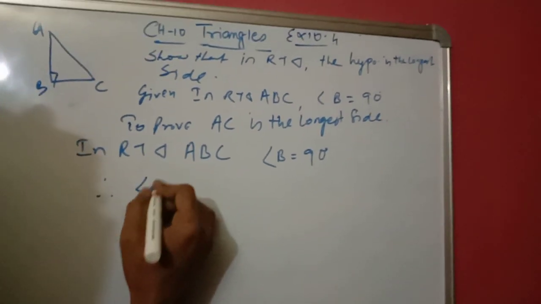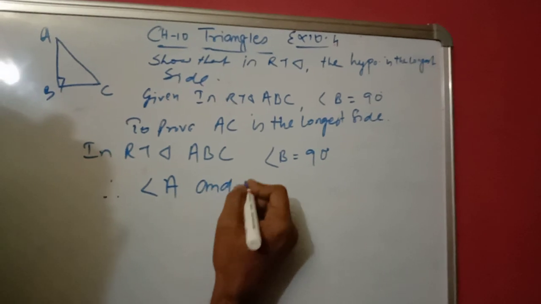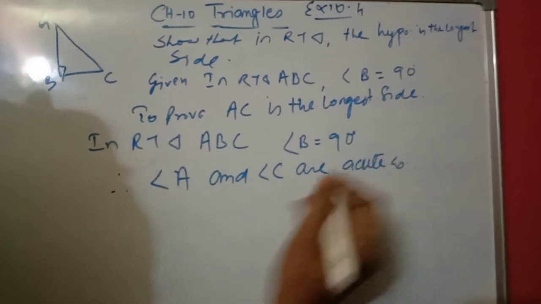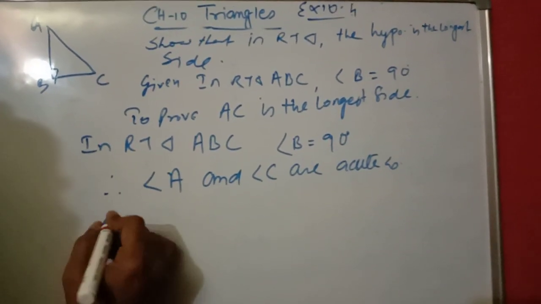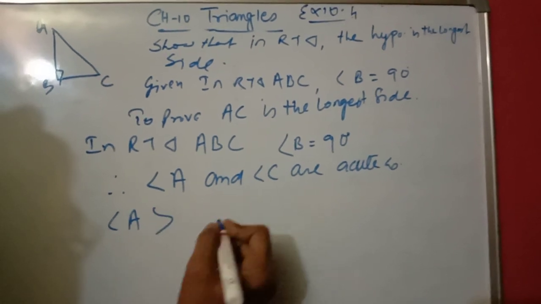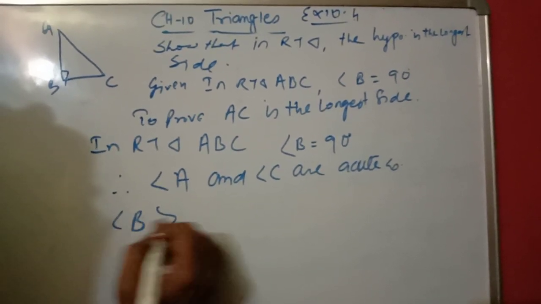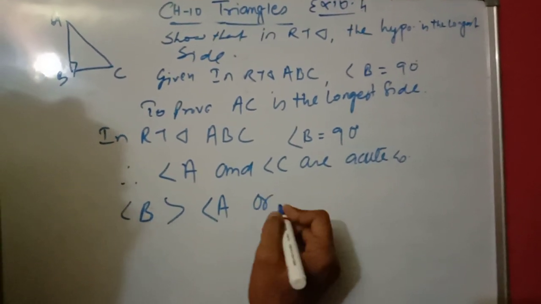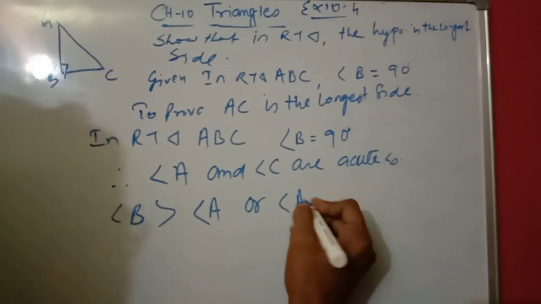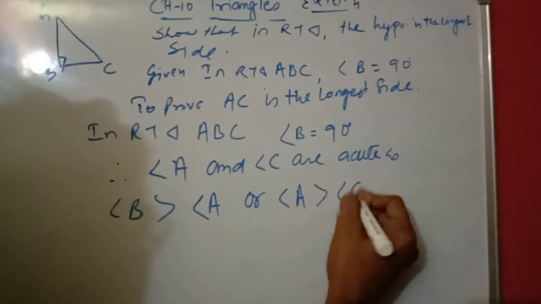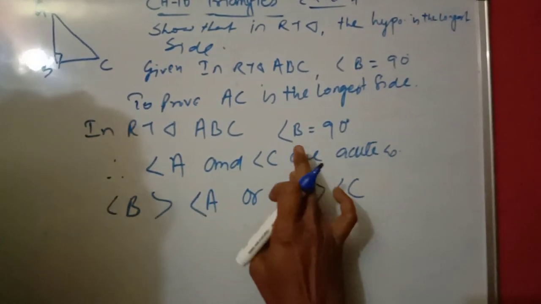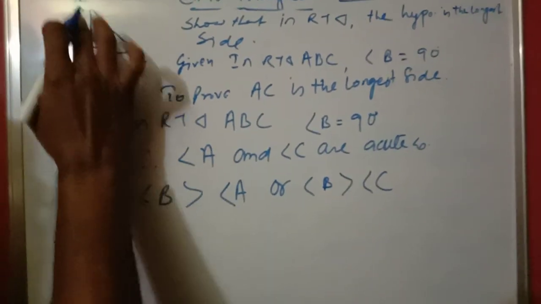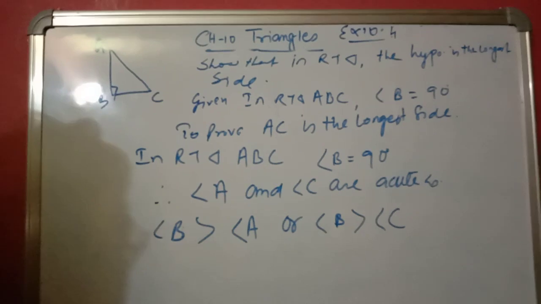Therefore angle A and angle C are acute angles. So angle B is greater than angle A and B is greater than angle C, because B is 90 degrees and A and C are acute angles.